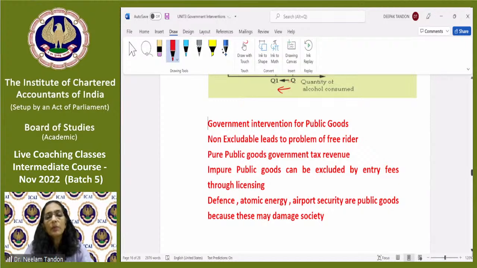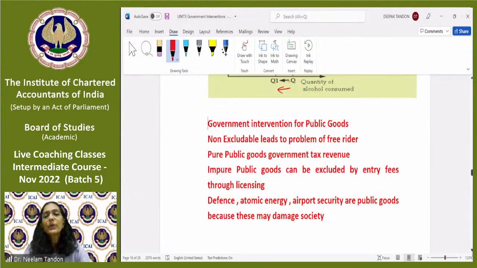Pure public goods, what are pure public goods? Where you cannot exclude people, but then you have to take care. For example, Delhi air, Delhi air quality, you cannot exclude people. Can you exclude people? You cannot.